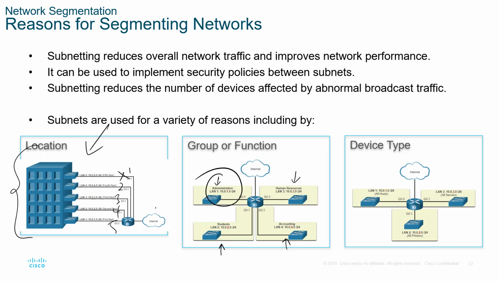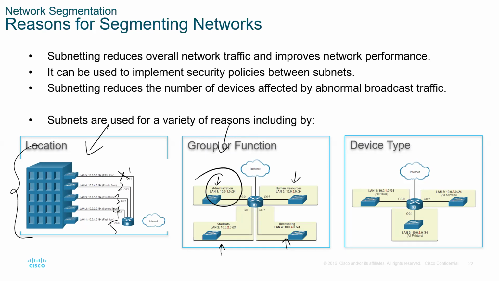Why? Because they are not in the same network. Therefore, they cannot see traffic which is being used by the administration because they have different networks. Okay, if we go a little bit deeper, they can. But let's just say in the simple world, they cannot because they have different networks. So we have grouped by function. We can do that as well.